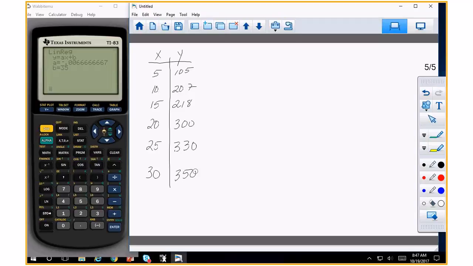So there's not a straight line. Now I want you to take those points, put them in your calculator, and then I want you to tell me the slope, and then I want you to tell me the equation of that line. And I also want you to graph it. And we'll show you how to graph it. And I'm going to do it on the calculator also.